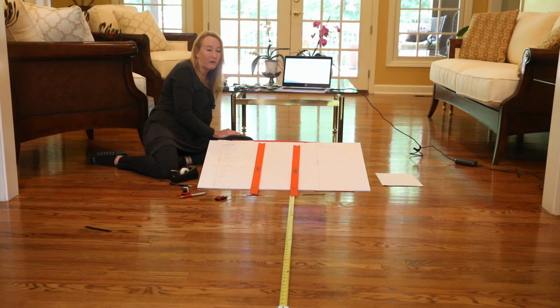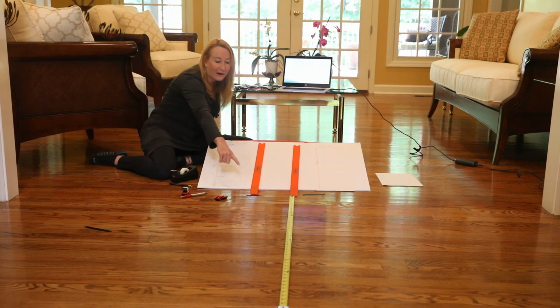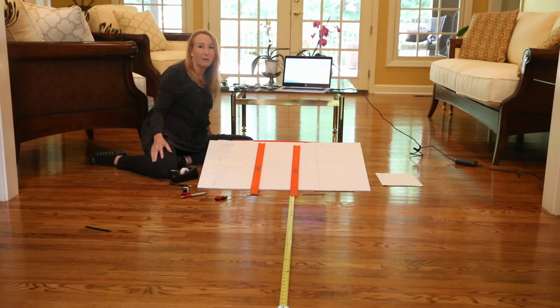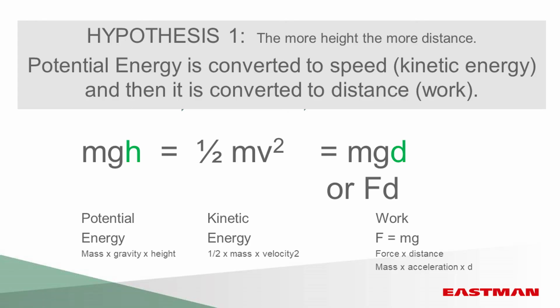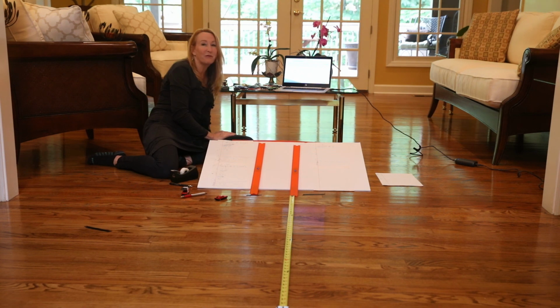And in this case, for our experiment, we couldn't measure how fast the car was going at the bottom of the ramp, but we could measure how far it went, given the speed it had at the bottom of the ramp. And that's the D here for distance. So that explains why the height is going to match your distance. If your height is twice as high, it should go twice as far. And it's simple math. In fact, it's physics.